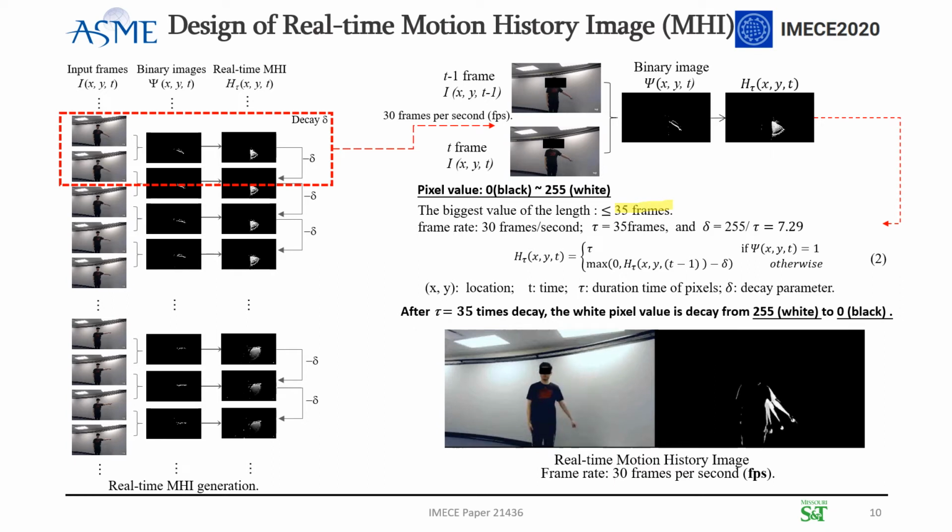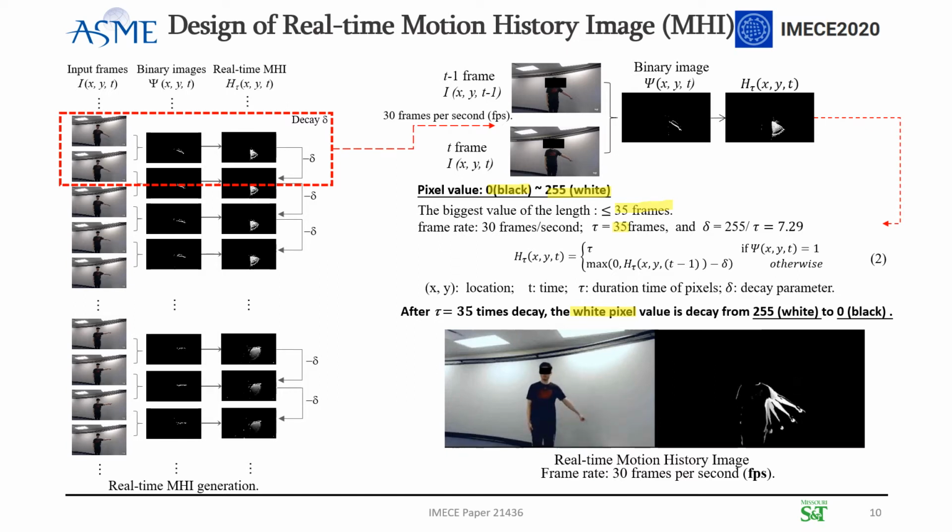In all pictures, the pixel value changes from 0, black, to 255, white. Like this video shows, each new input white pixel will change from 255 to 0 after 35 times of decay.